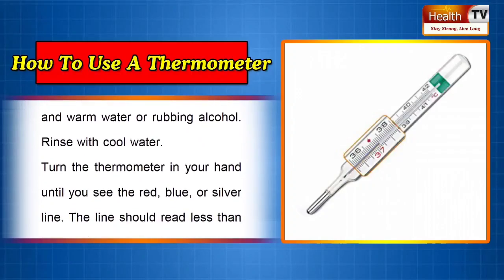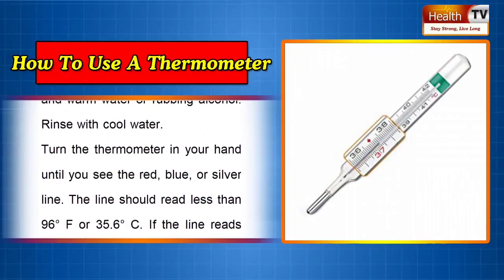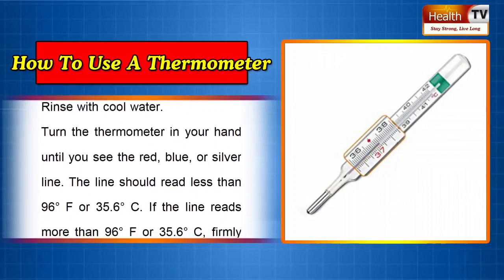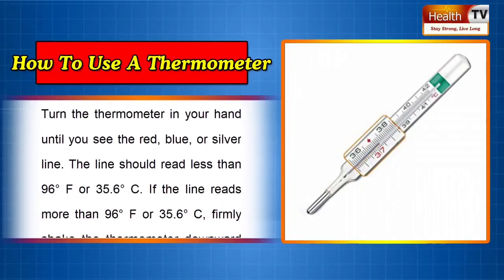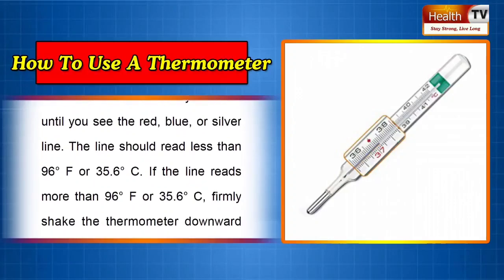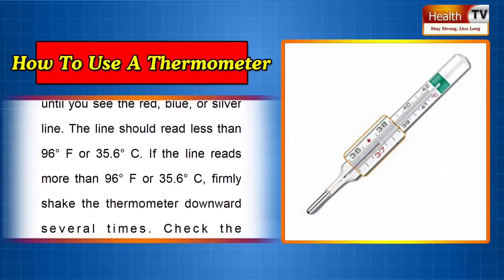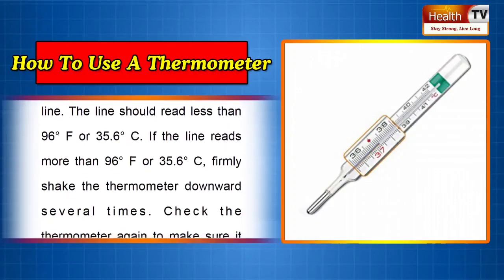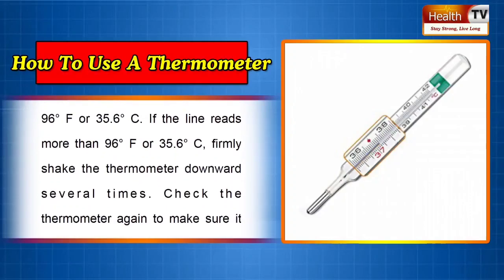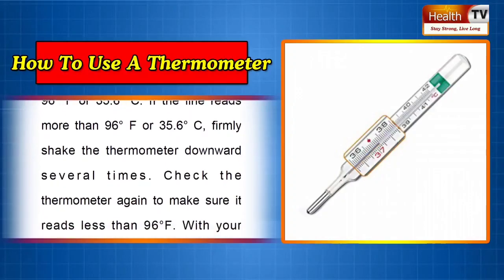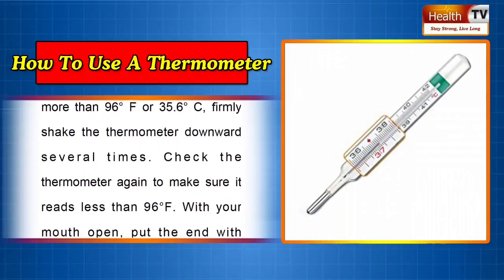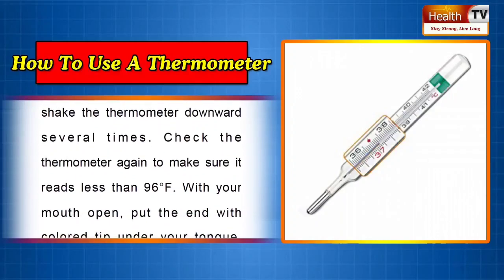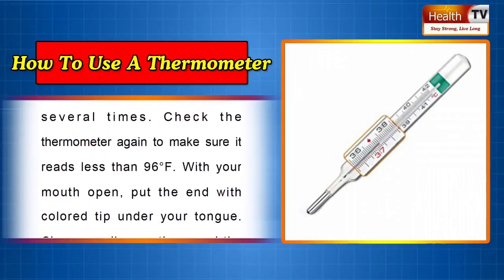The line should read less than 96 degrees Fahrenheit or 35.6 degrees Celsius. If the line reads more than 96 degrees Fahrenheit or 35.6 degrees Celsius, firmly shake the thermometer downward several times. Check the thermometer again to make sure it reads less than 96 degrees F.